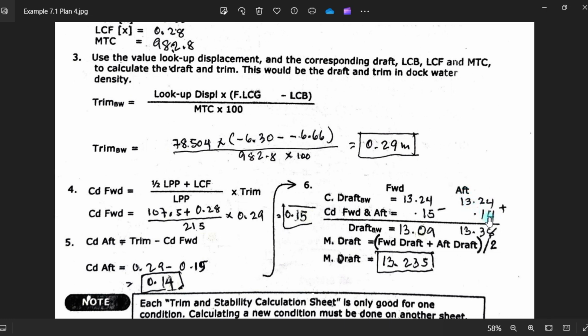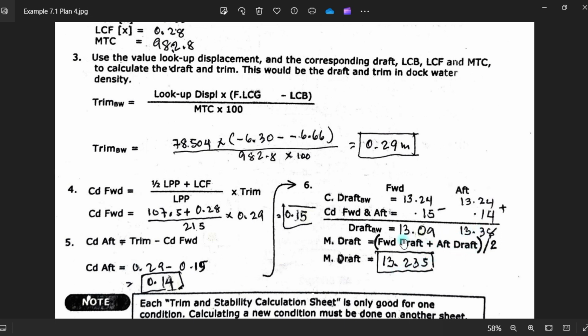Then you add the change of drop aft, which is 14 centimeters. So 13.24 minus 0.15, your draft forward will be 13.09, and your draft aft will be 13.38.